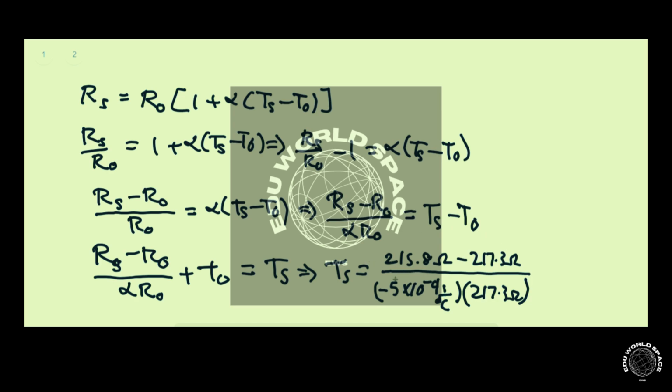The numerator is negative and the denominator is negative, so we get a positive number, so we don't get a negative temperature. So TS is equal to 17.8 degrees Celsius.